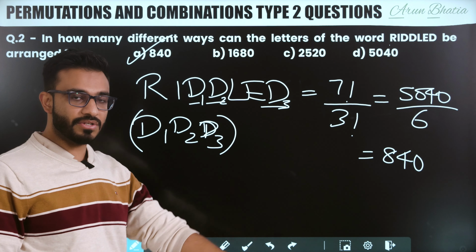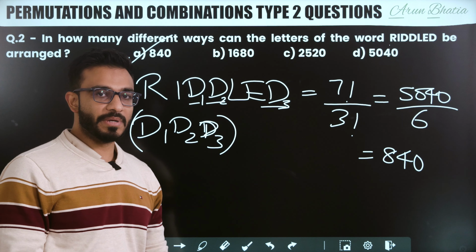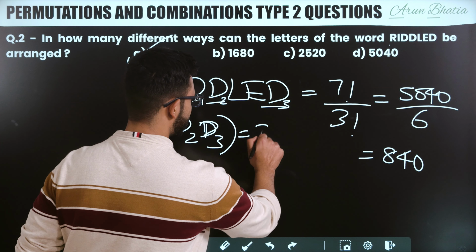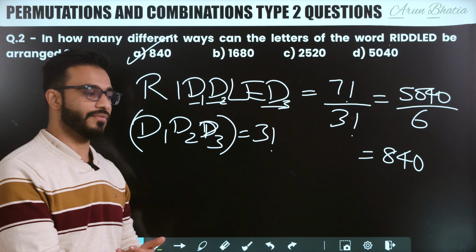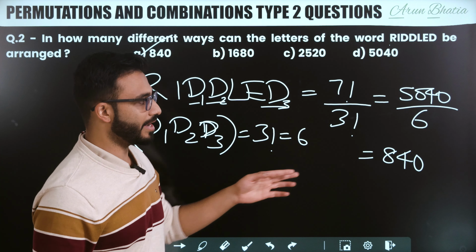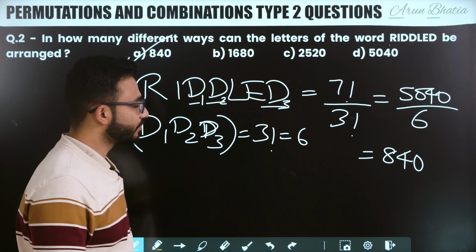If I treat each of them differently, D1, D2, D3, how many possible combinations will I have? Again 6, because this is 3 factorial. If you arrange D1, D2, D3, then D2, D3, D1, and move them around, you'll have 6 ways. So that's why we divide by 6. Now moving on to the next question.